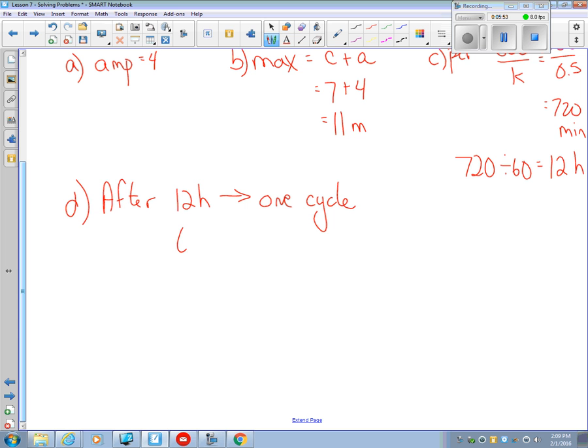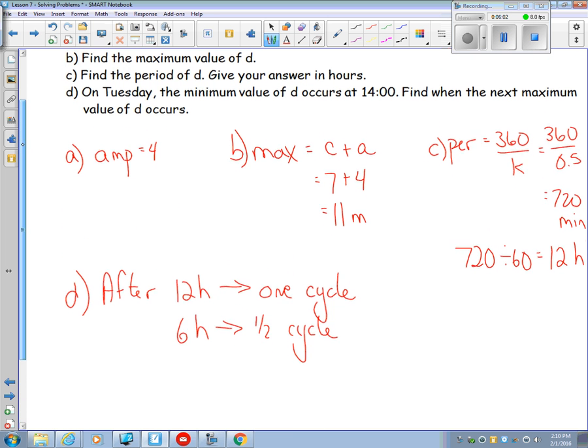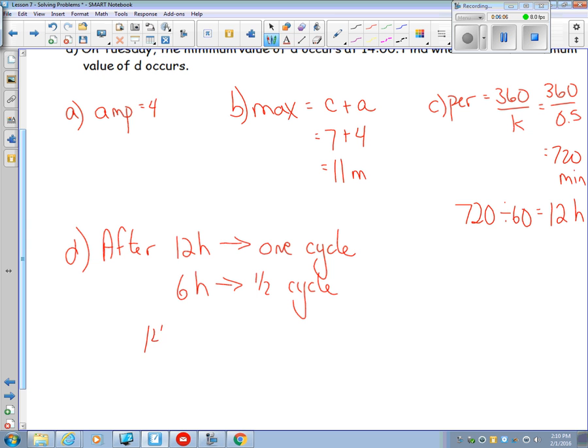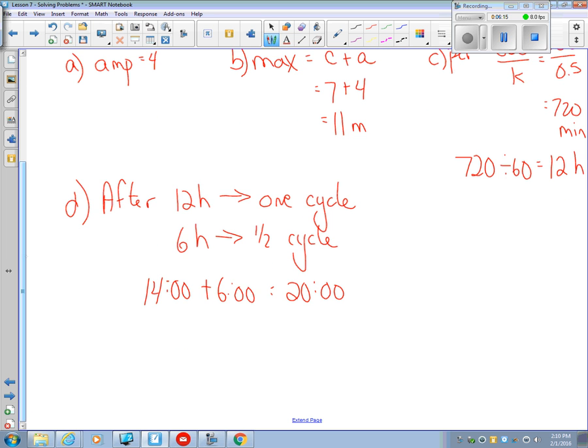Then common sense says after 6 hours, that's half a cycle. And we know that the difference between the minimum and the maximum is always half a cycle. So if we go at 14 o'clock, 1400 hours, and I add 6 hours to that, I'll get 2000, or in common vernacular, 8 o'clock.